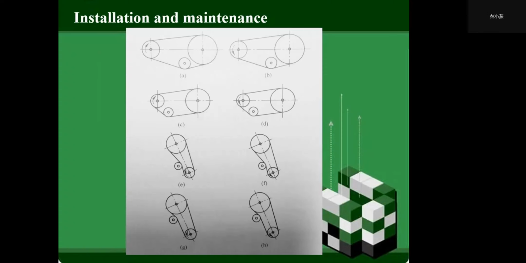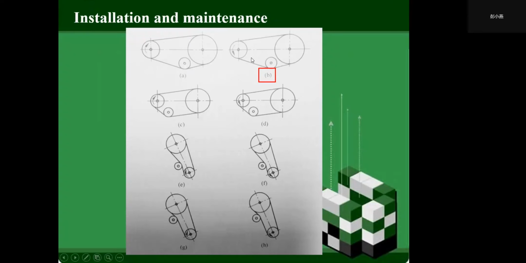B, 老师. Yes, B is correct because it's installed on the inside, and should be near the larger shaft. And for A and B, the difference is for A, the rotation direction is clockwise, so the bottom strand is the tight side.